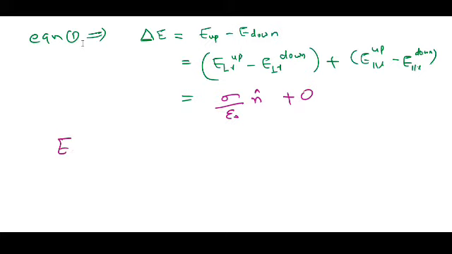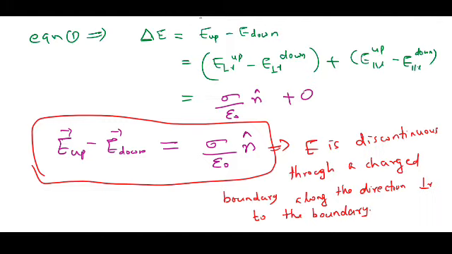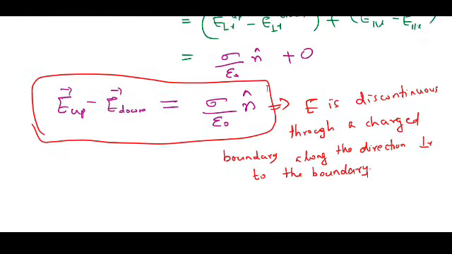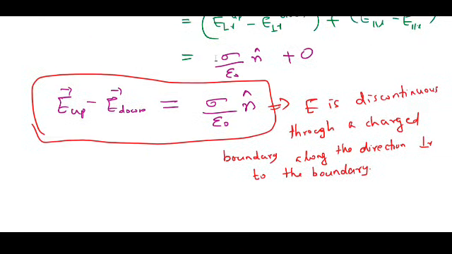Finally we can write E up minus E down equal to sigma divided by epsilon 0 n cap, which means the electric field is discontinuous through a charged boundary along the direction perpendicular to the boundary. Fine.